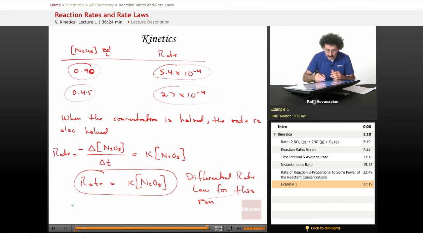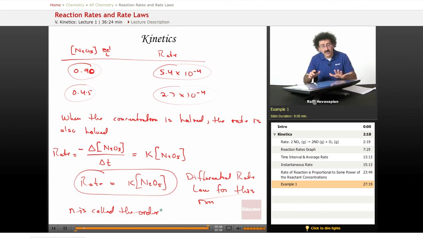That n is called the order of the reaction. This is a first order reaction. So the decomposition of dinitrogen pentoxide is a first order reaction.